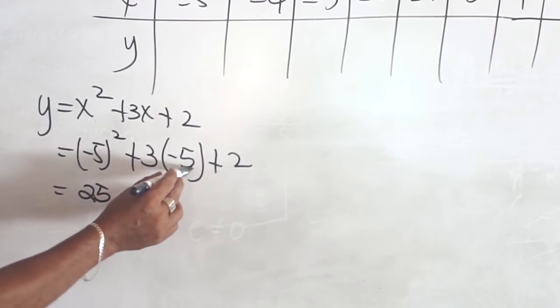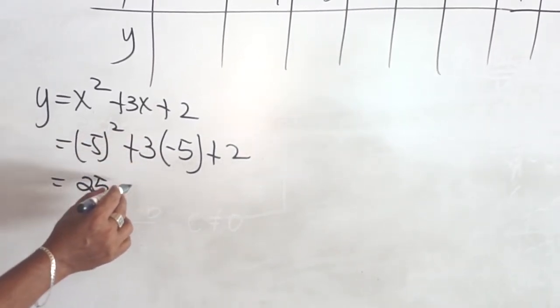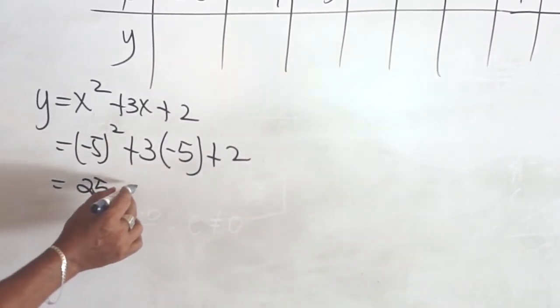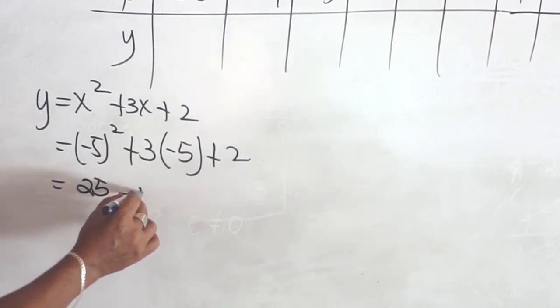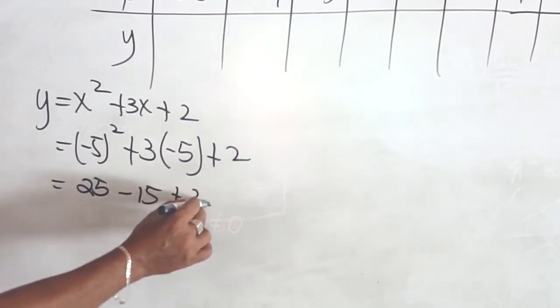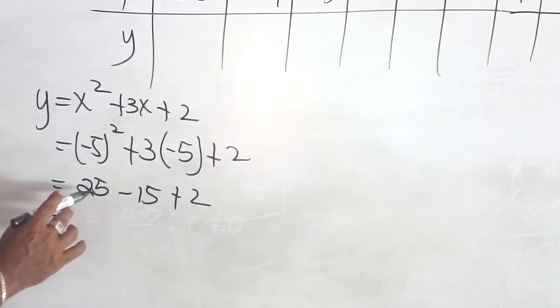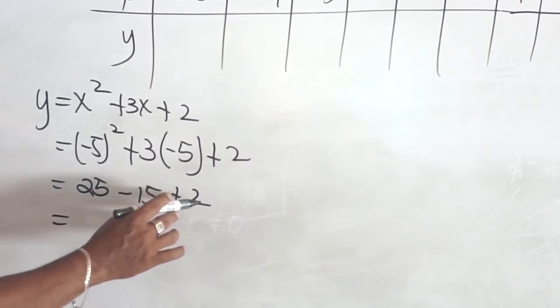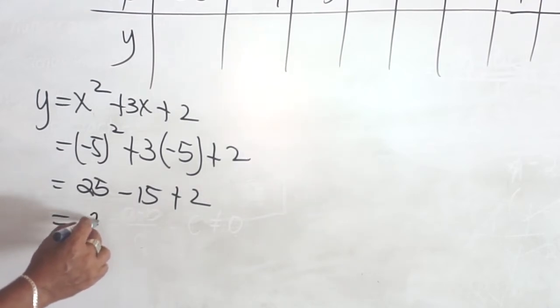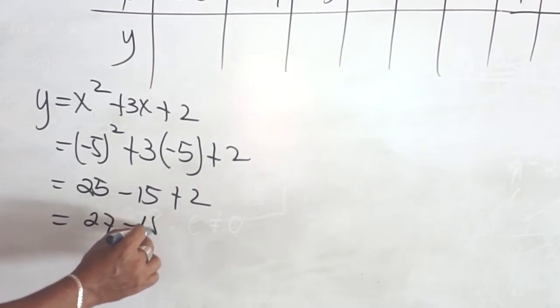Then negative 5 multiplied by positive 3 is negative 15. Then we have positive 2. Then add. So we have 25 plus 2.